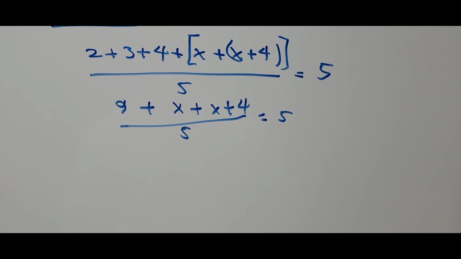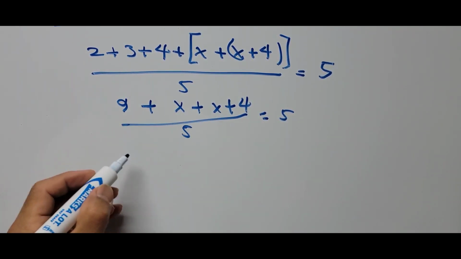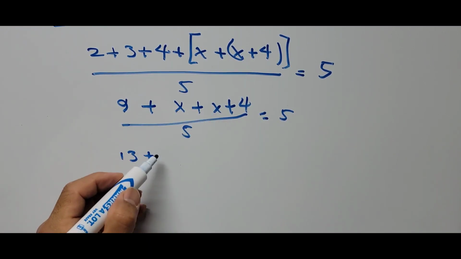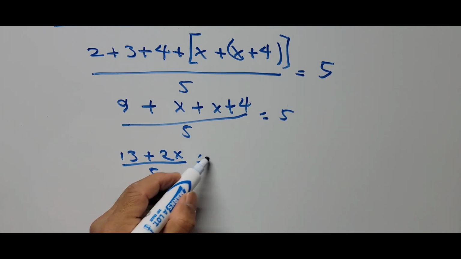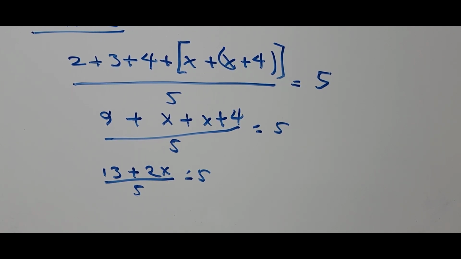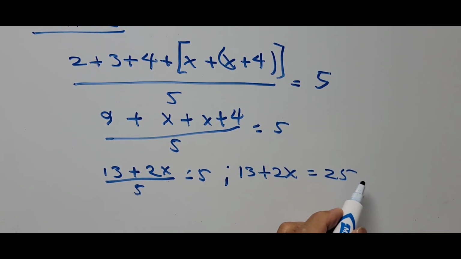And from here, we're adding 4 to 9. That is now 9 plus 4 is 13, plus 2x divided by 5 equals 5. So simplifying this equation gets us 13 plus 2x equals 5 times 5, that's 25.